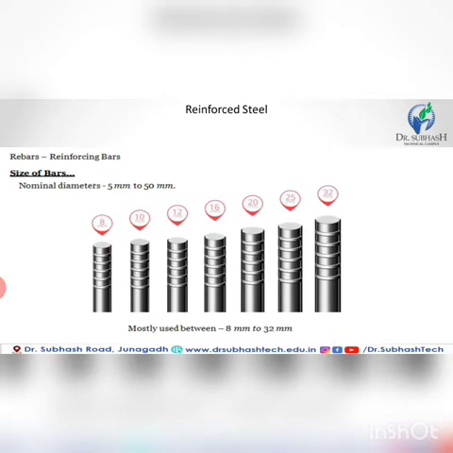In Indian standard, CTD bar is available under the trade name of Tor steel.